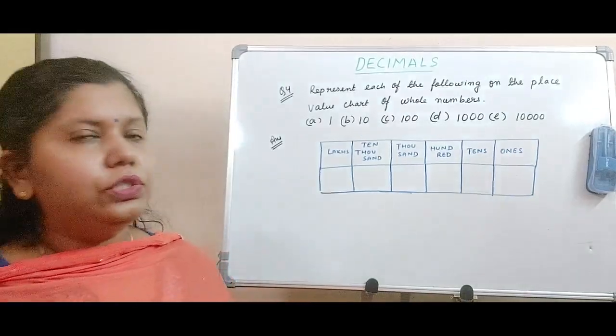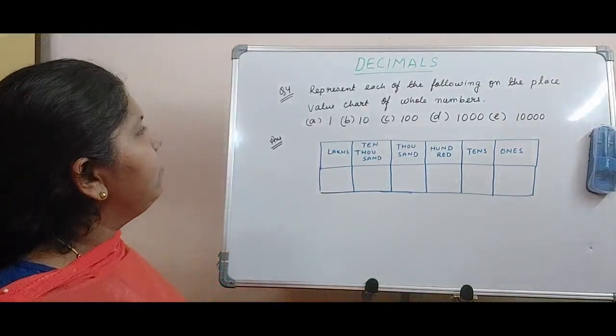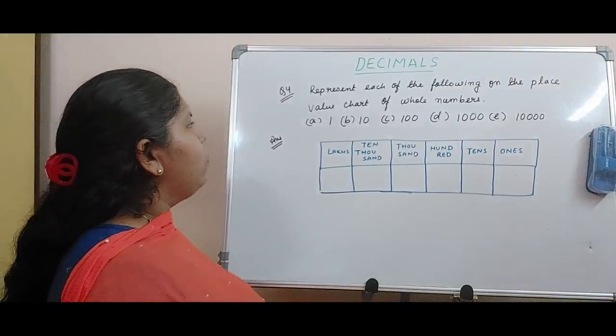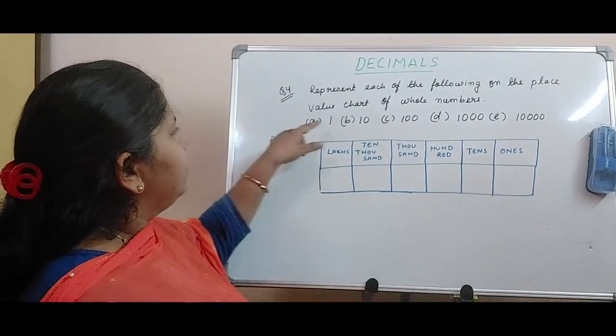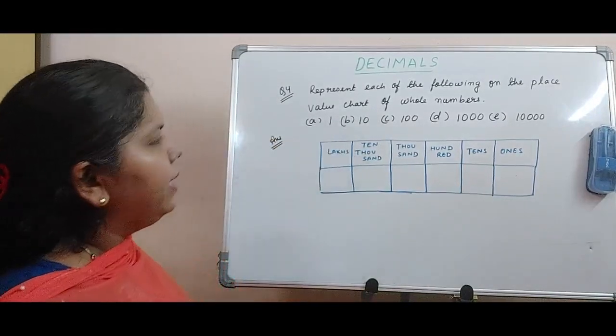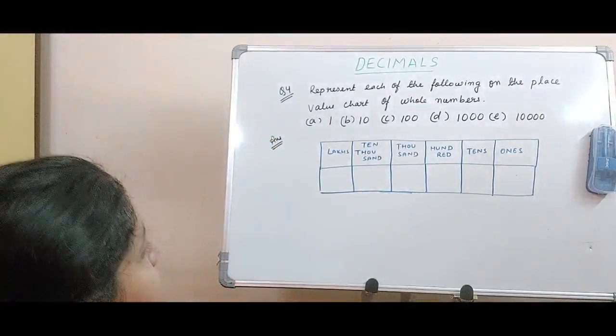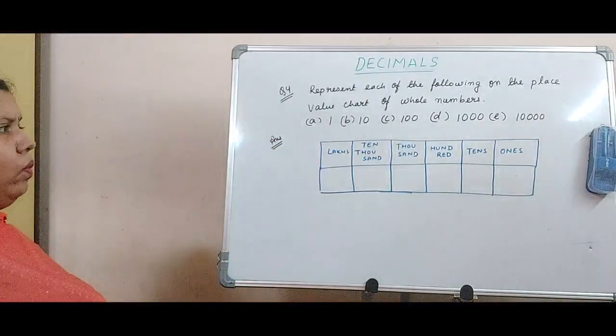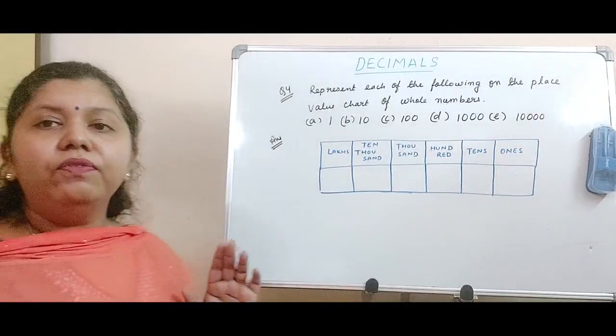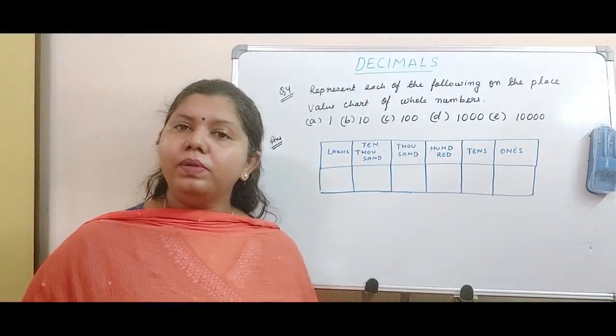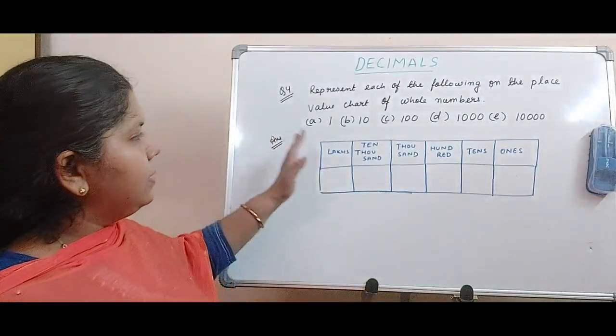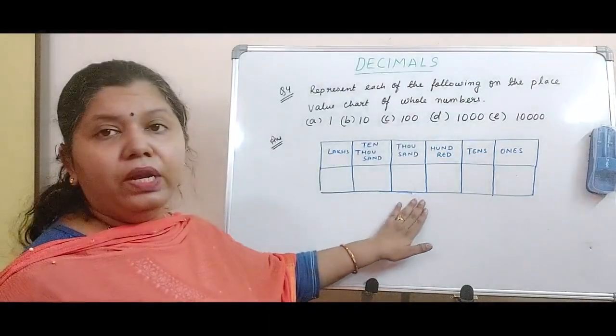And look at this question. Represent each of the following on the place value chart of whole numbers. So these are the numbers 1, 10, 100, 1000. Okay. As we know what a place value chart is, we already read in the chapter on the number system. So this is how a place value chart looks.